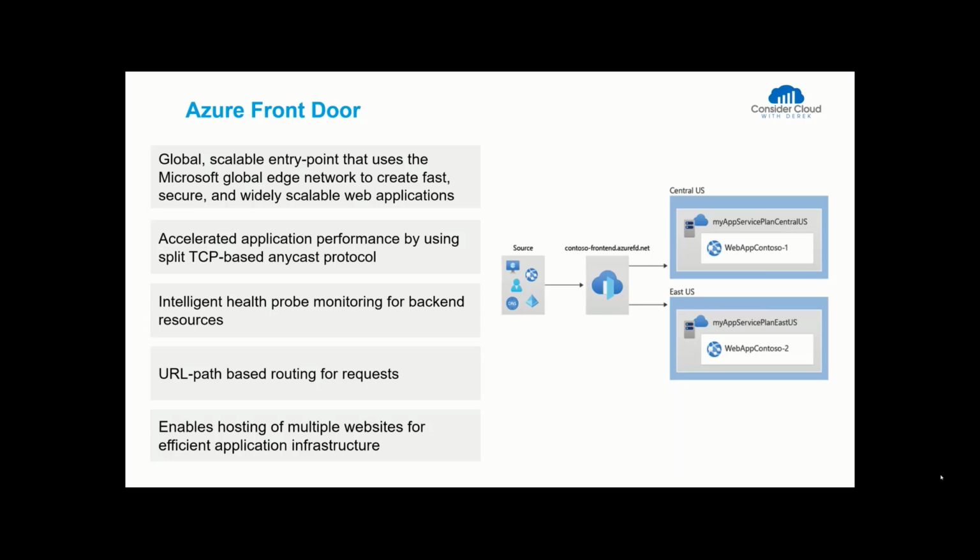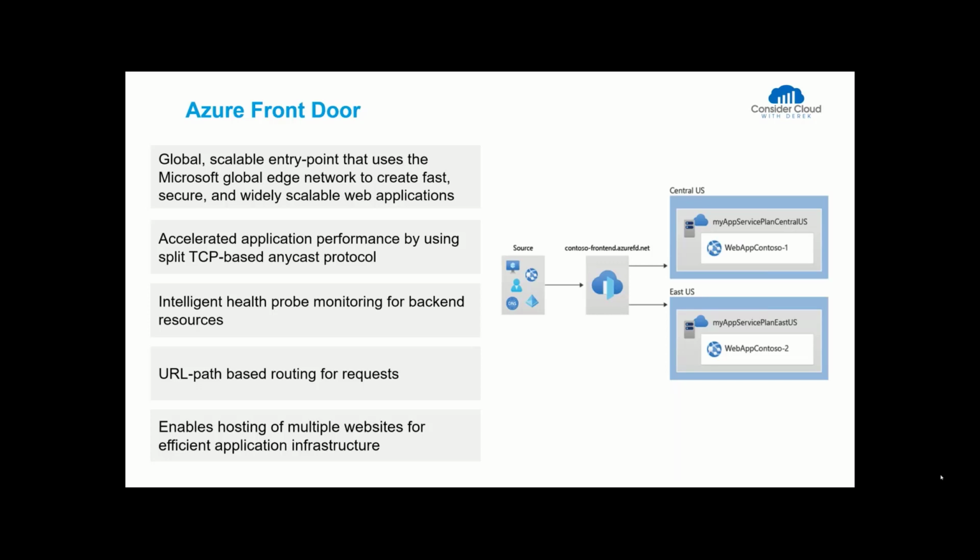Now, it does this specifically because of the global nature of its service and its ability to improve overall global connectivity. Now, depending on the routing method that you select within Front Door, and there are quite a few of them, Front Door will route your client requests to typically the fastest or most available application backend, depending on your selection.